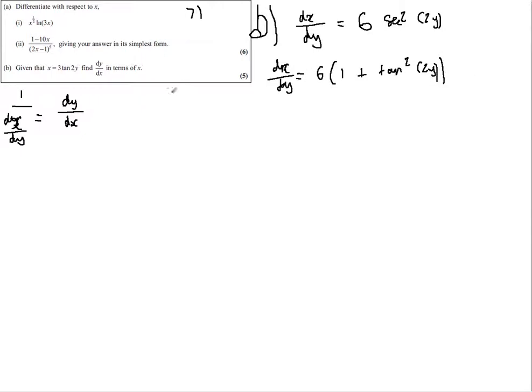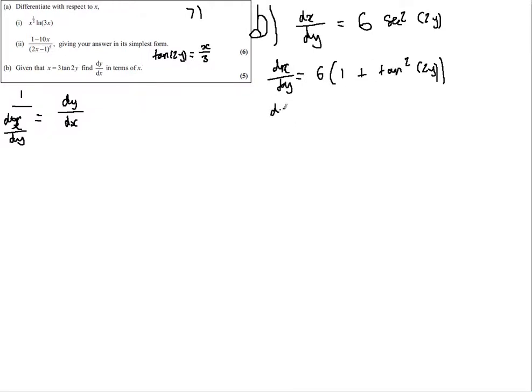Okay, and the reason I've done that is because x is in terms of y, and that means that what we need to do is at some point rearrange this equation with respect to tan 2y, and that's just going to equal x over 3. What we can now do is substitute this value in here.